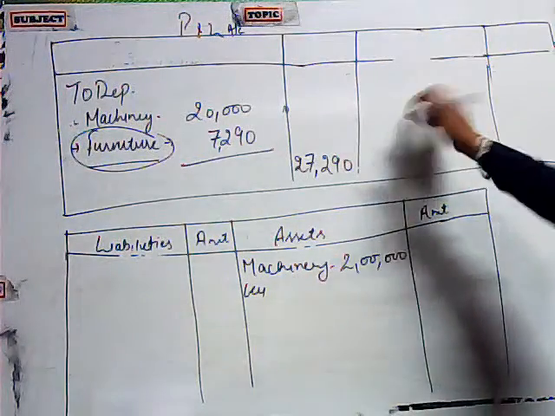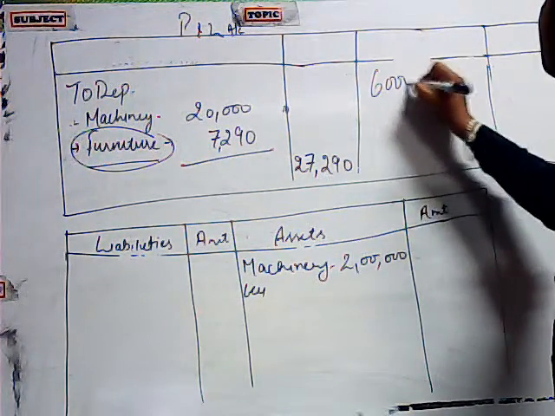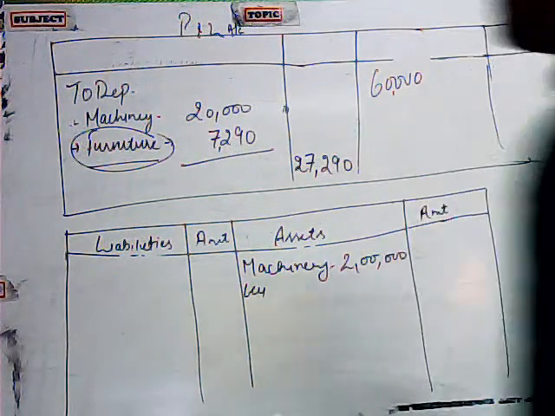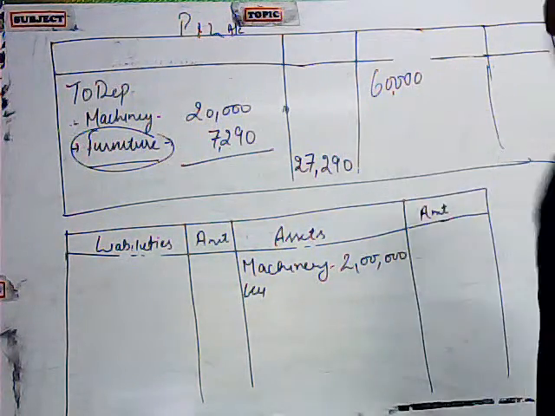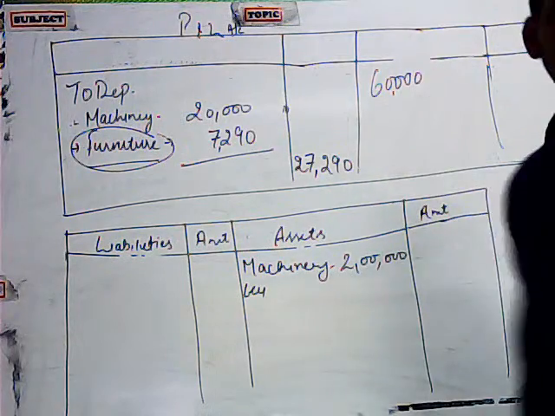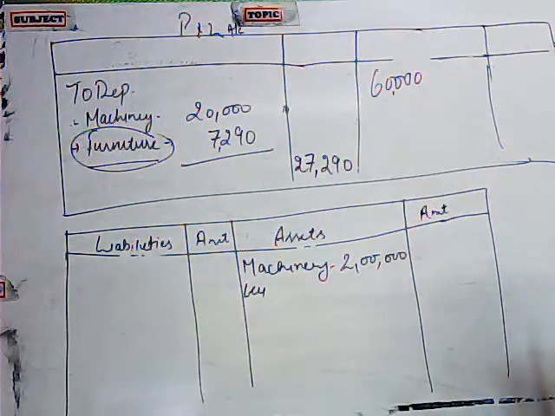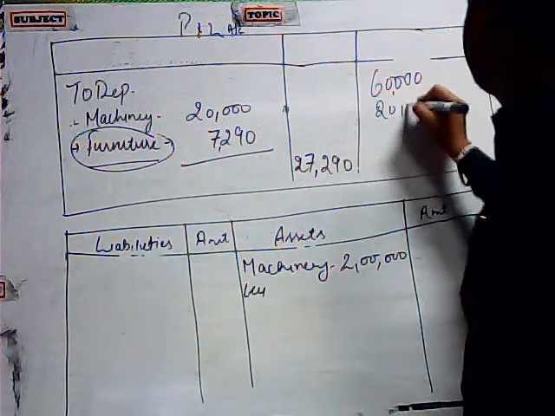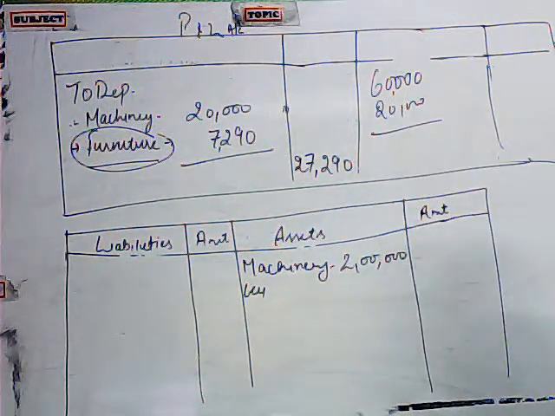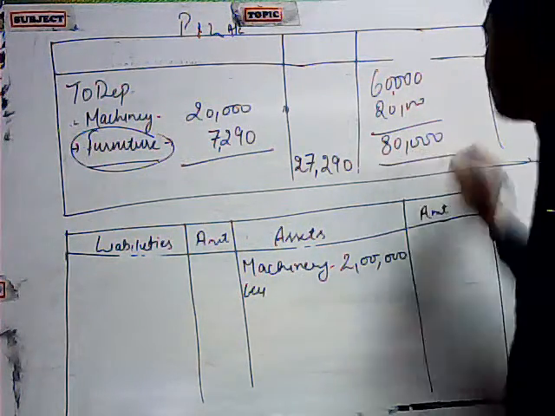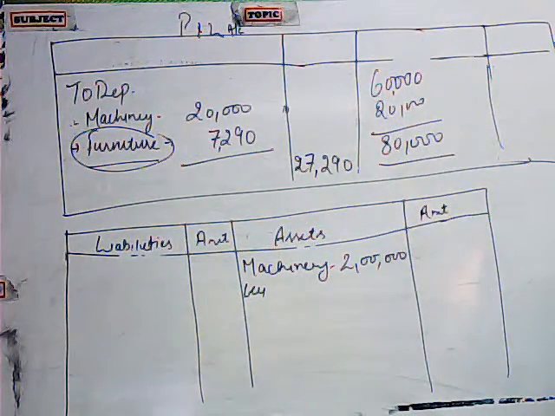Check your books. The value of provision for depreciation on machinery was 60,000 rupees. Again, new depreciation arises on machinery, that is 20,000 more. The total value of depreciation till now, the provision for depreciation amount, is 80,000.